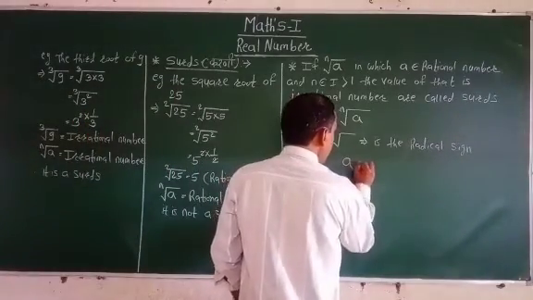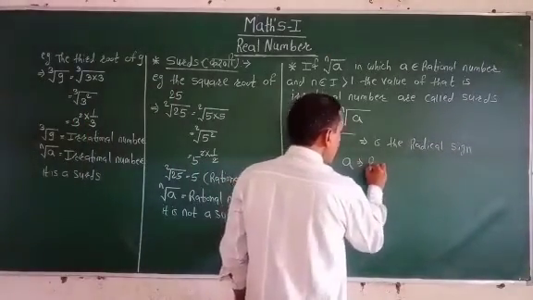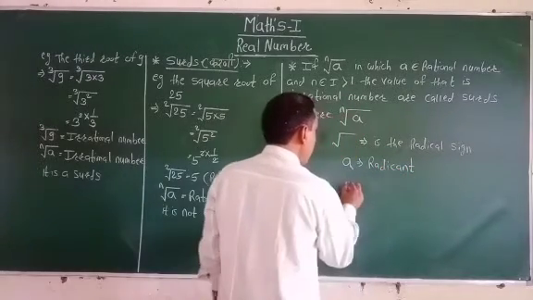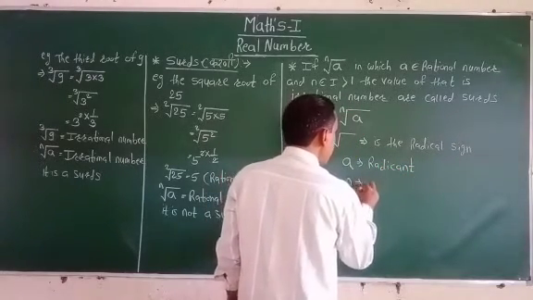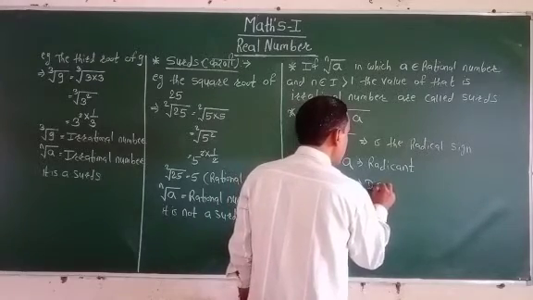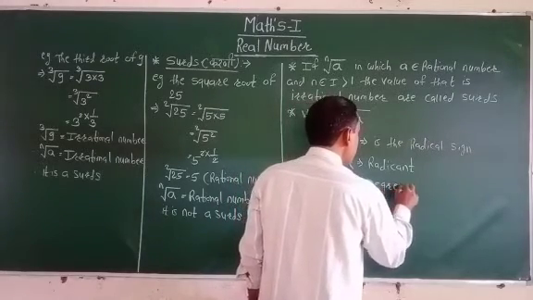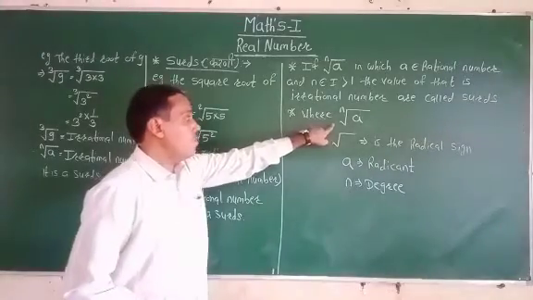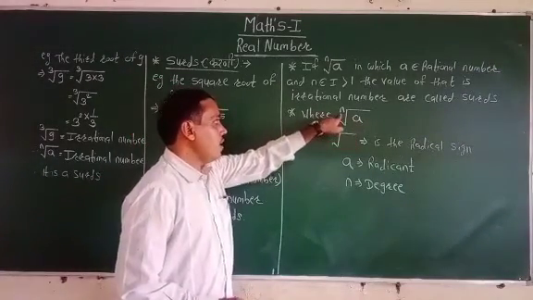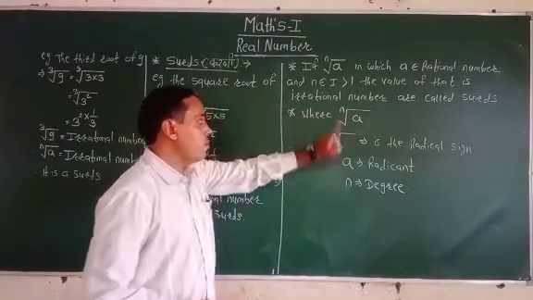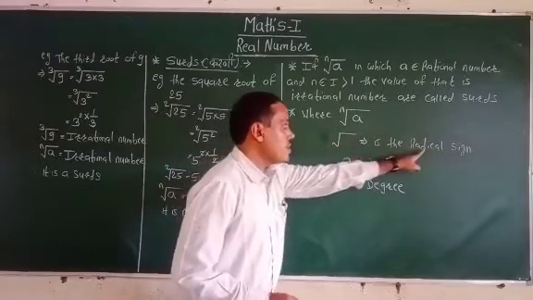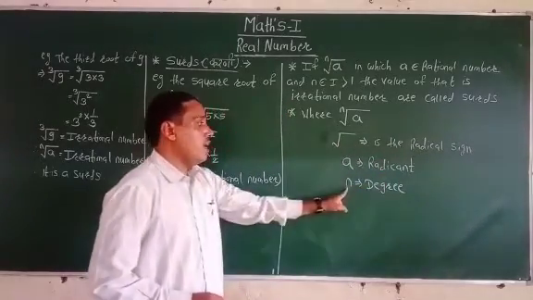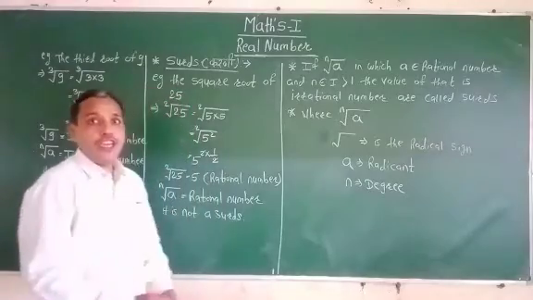A is called the radicand, and n is called the degree. In the mathematical symbol, the sign is called the radical sign, A is called the radicand, and n is called the degree.